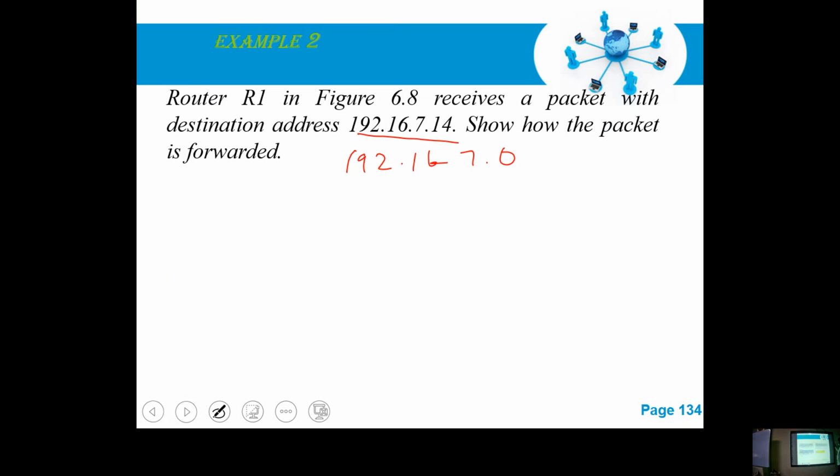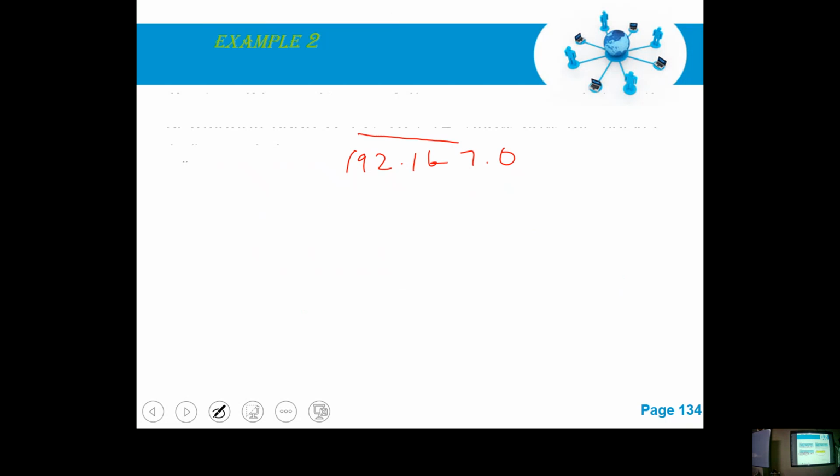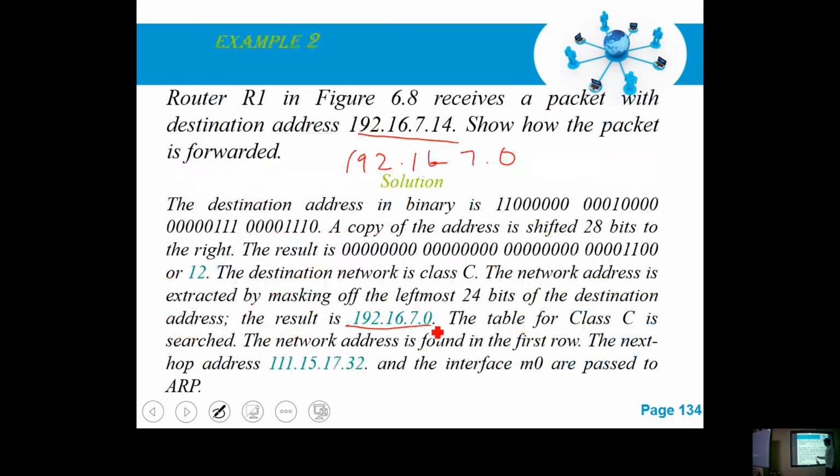So let's go back. If that is the network address, I need to give it to this next one, and this is the interface. So we are finding the network address and we are giving to that address.